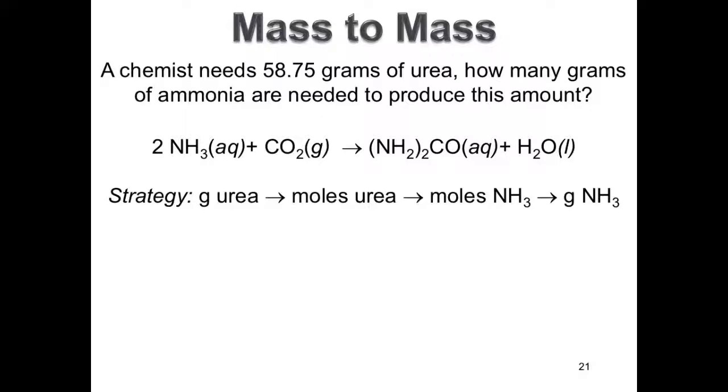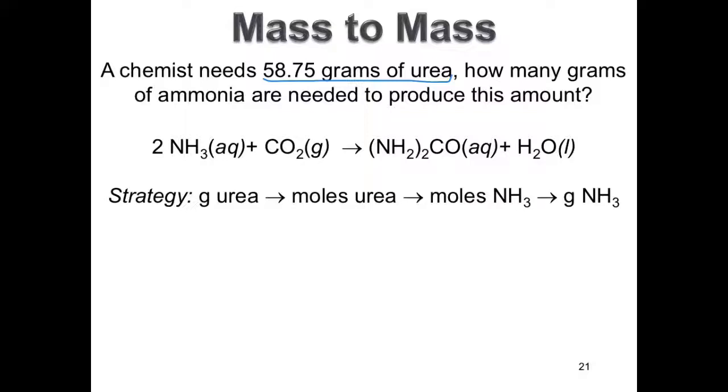Lastly, we're going to do a total 3-step stoichiometry problem, starting out with the mass of a known and calculating a mass of an unknown. So a chemist basically wants to acquire 58.75 grams of urea. This is the known side.